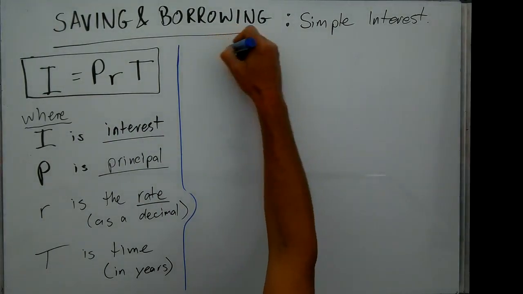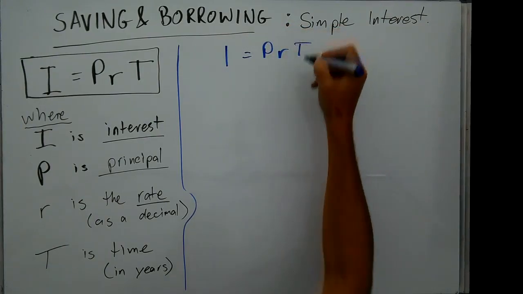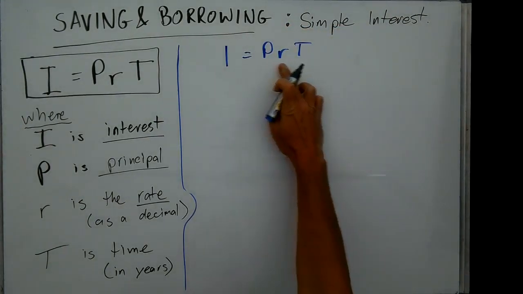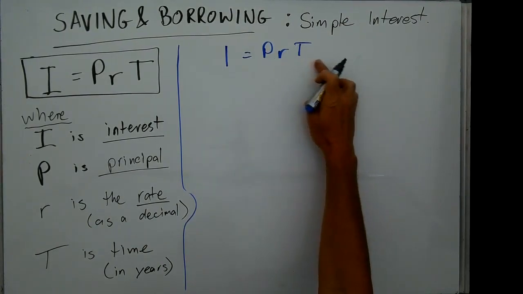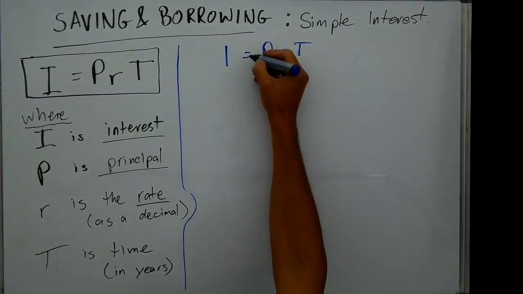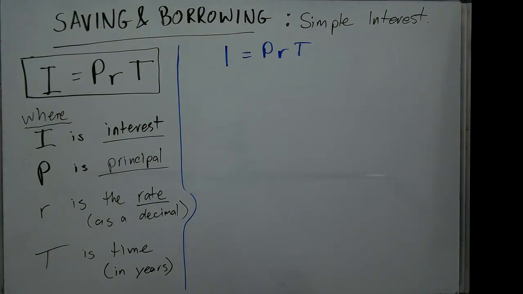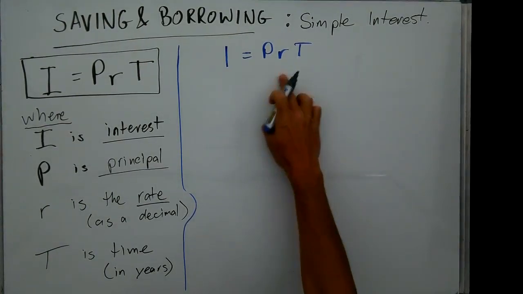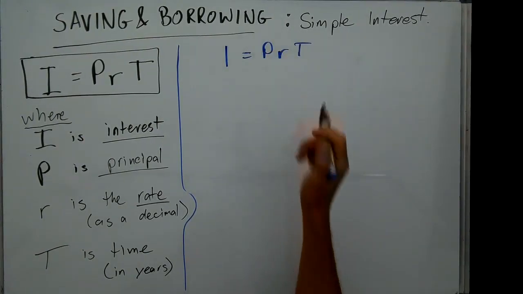If I start with I = PRT, essentially these are three things multiplied together. So if we divide by any of these on both sides, we can generate alternate versions of the formula to work out these things individually.